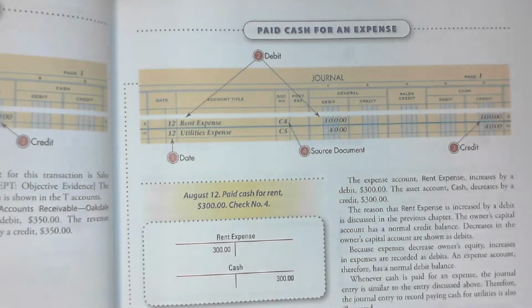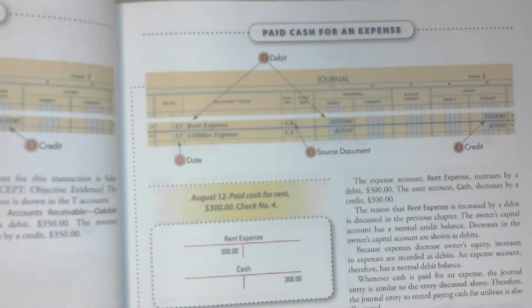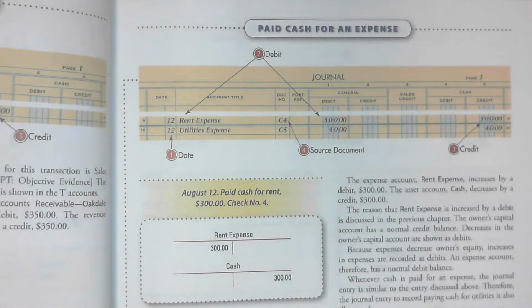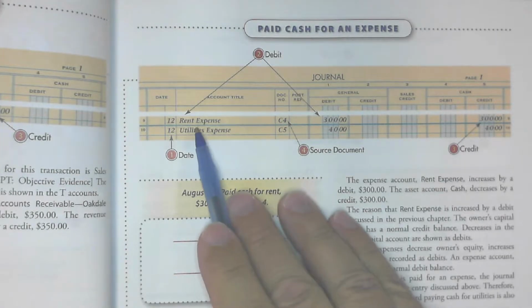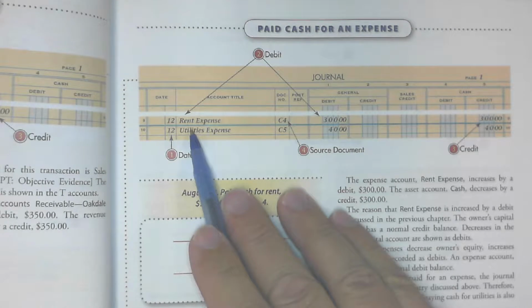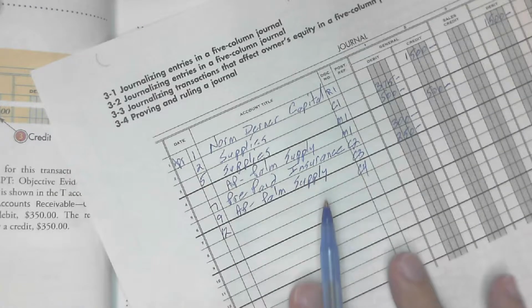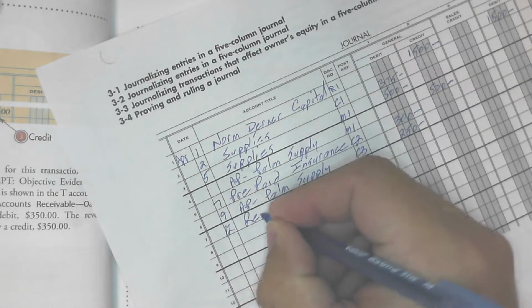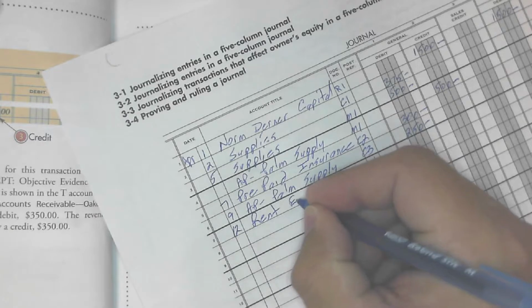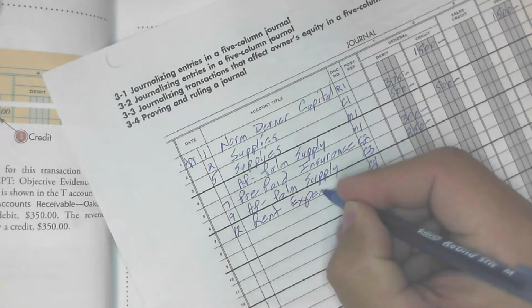So rent's an expense. So on the example, we've got a rent expense, utilities expense. Oh yeah, rent expense right here. So rent expense was $1,000.